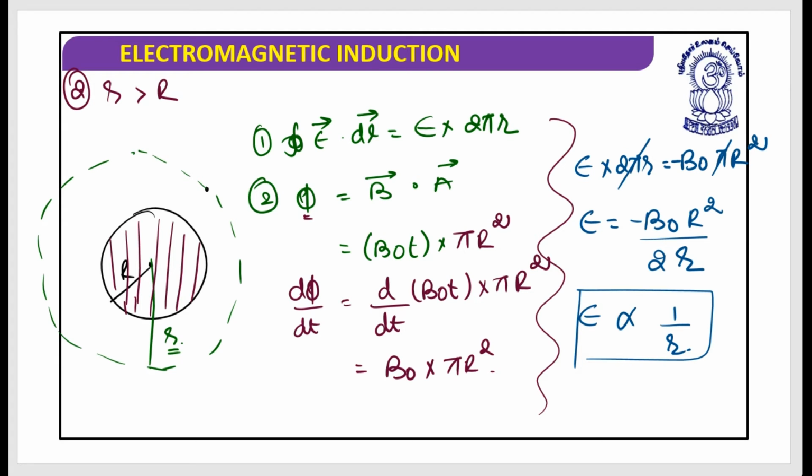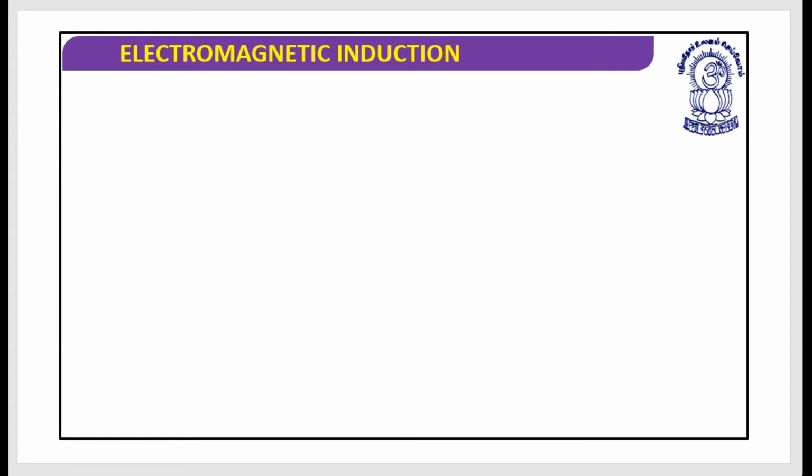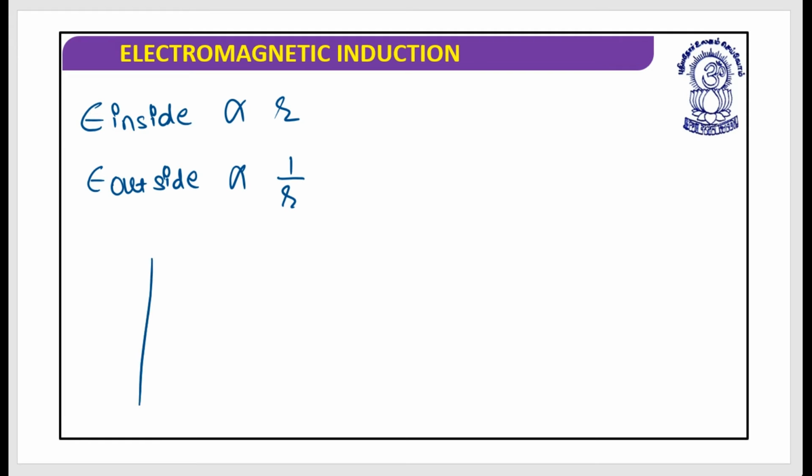Okay, great. Now let's plot this. If you understand this, for E inside, it is directly proportional to the distance, and for E outside, it is inversely proportional to 1/r. So if I plot this, this is the induced electric field with respect to the distance.